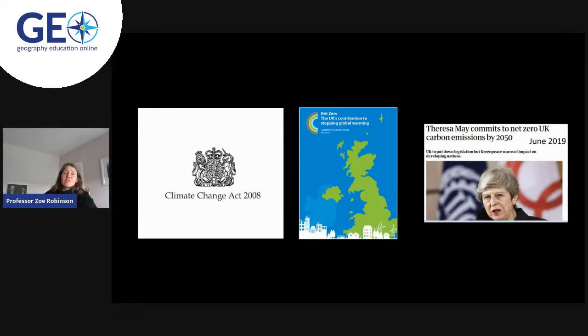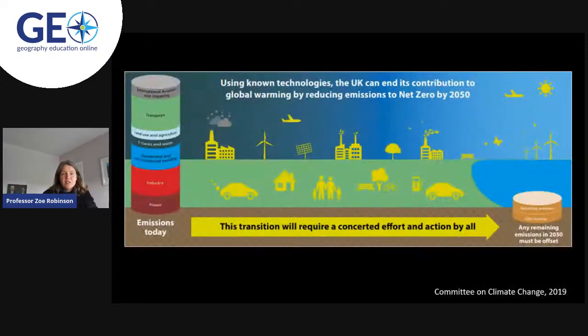And that report led, when Theresa May was Prime Minister, to the UK government changing its legally binding commitment from an 80% reduction in greenhouse gas emissions to net zero by 2050. This is really important because, having made a commitment to get to net zero carbon emissions, there is no place for any industry to hide.